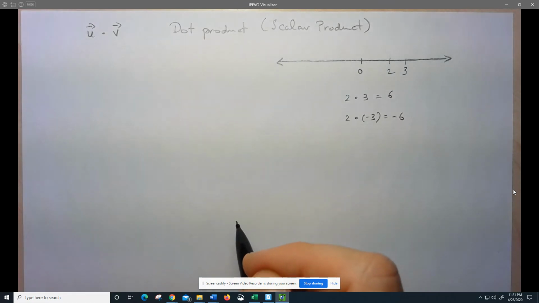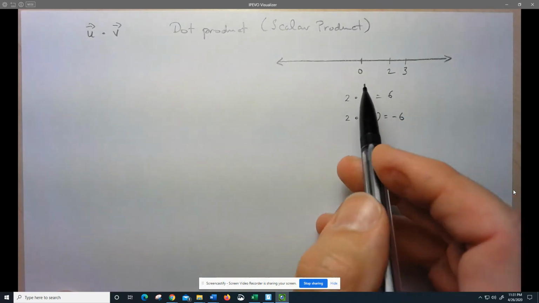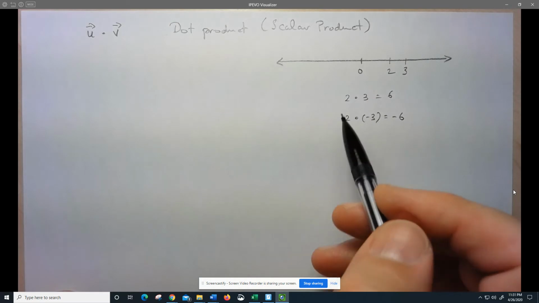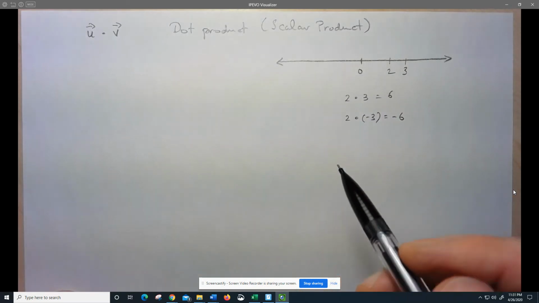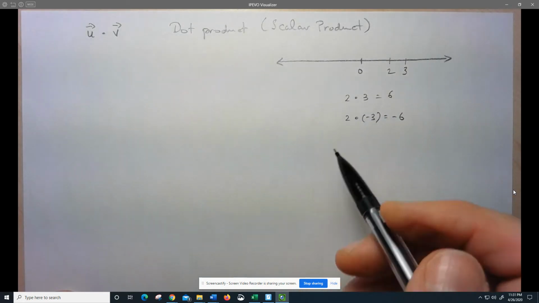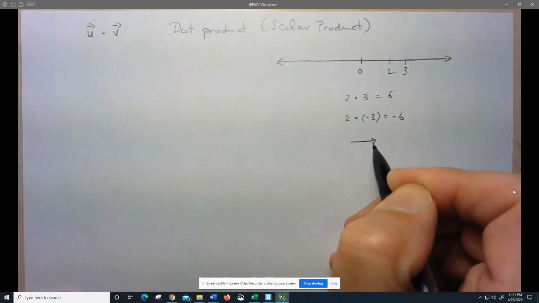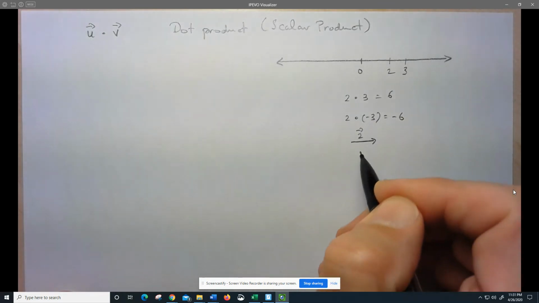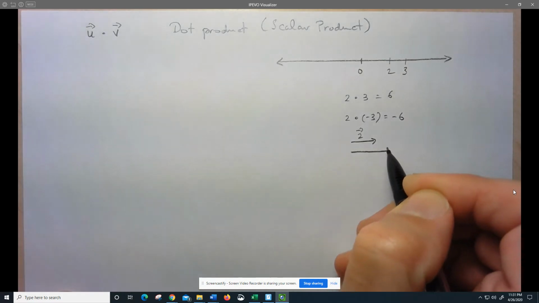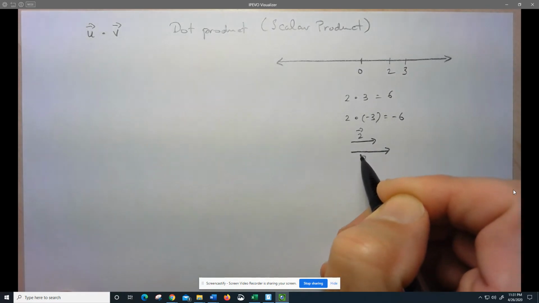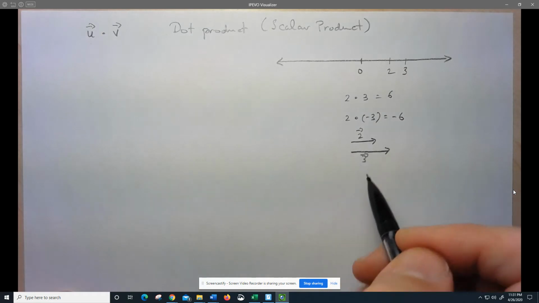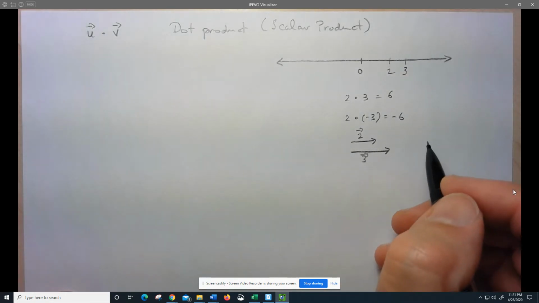And in fact, we're going to use this idea of 1D as an inspiration for it. So if I think of 2 and 3 as vectors, so I take vector 2 as opposed to the number 2, and vector 3 as opposed to the number 3, when I multiply them, I expect to get 6.